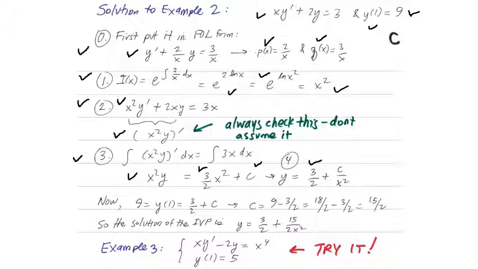In this problem, I did give you an initial condition, so now we take our initial condition and plug in the value x equals 1 into our solution and solve for c. And c turns out to be 15/2, it looks like. Then we take that value of c, plug it back into our general solution, and we have our solution of the initial value problem.